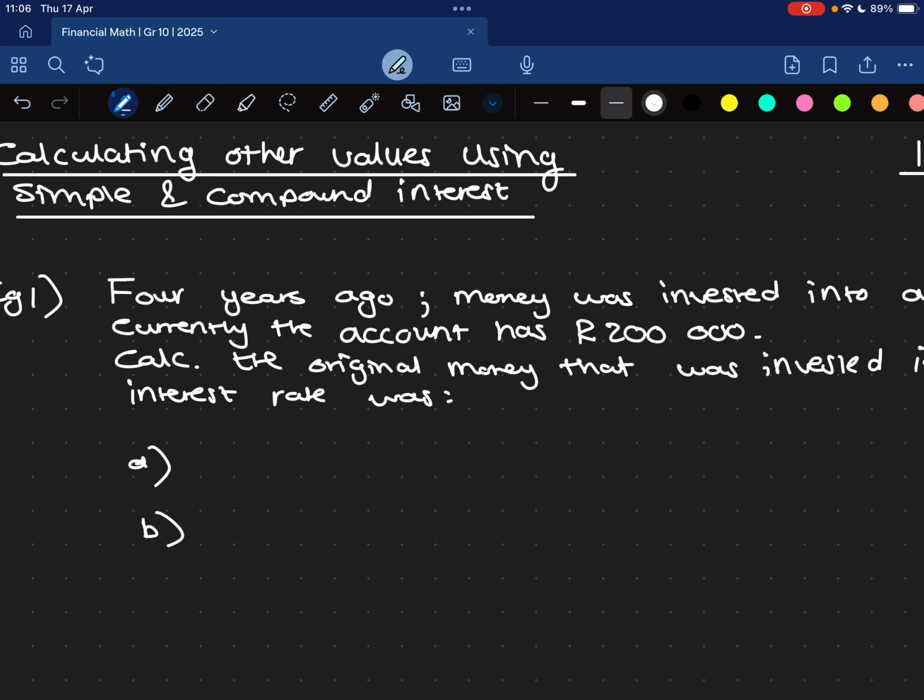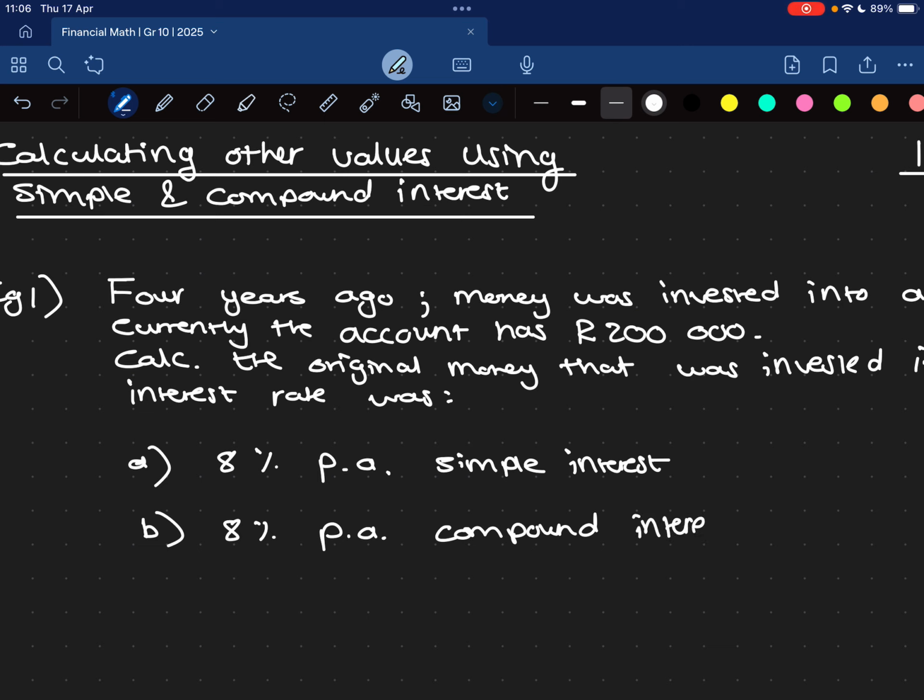The first one is going to be 8% per annum simple interest, or 8% per annum compound interest.